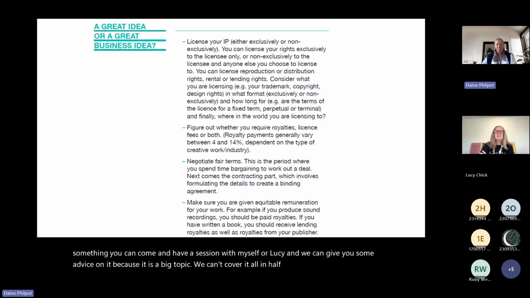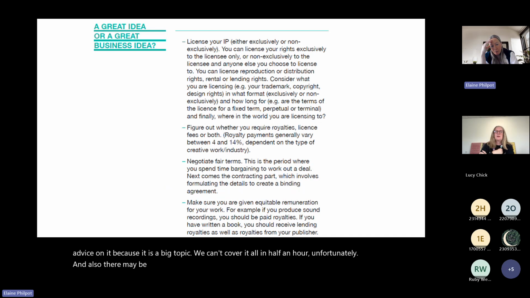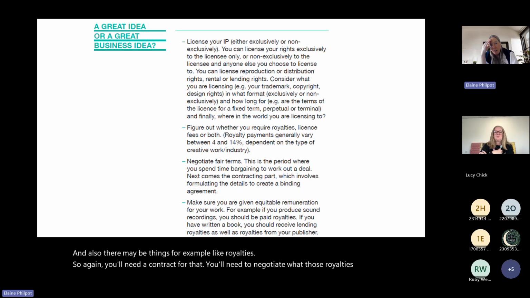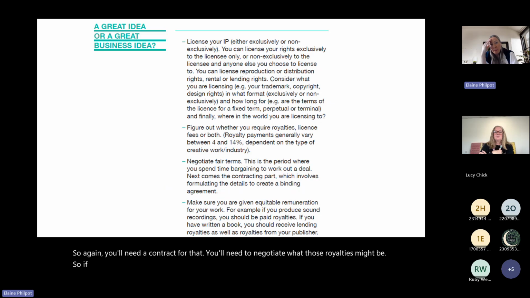And also, there may be things, for example, like royalties. So again, you'll need a contract for that. You'll need to negotiate what those royalties might be. So if someone's selling your work on your behalf, for example, you might take a cut and that's your royalties. And different companies will offer different sort of percentages.